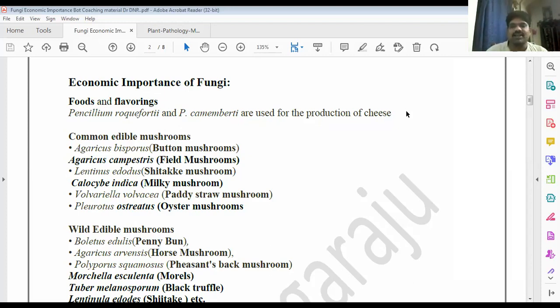The fungi play a key role in most areas, not only one specific area.